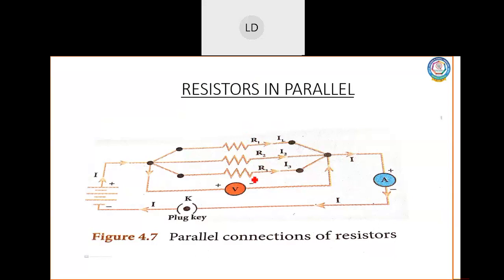So if the resistors are going to be connected in parallel, they will have different values of current, because this resistor may be a fan, this resistor may be an electric geyser, this resistor may be an iron box. Now each requires different current. The current will not be the same in this case. So current value will be different, but the potential will remain the same.